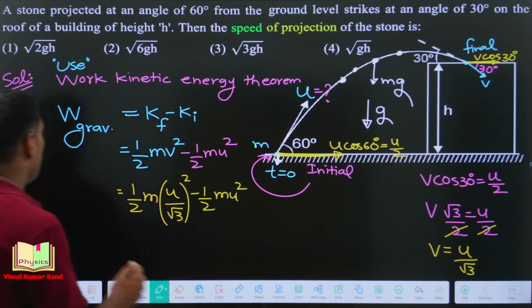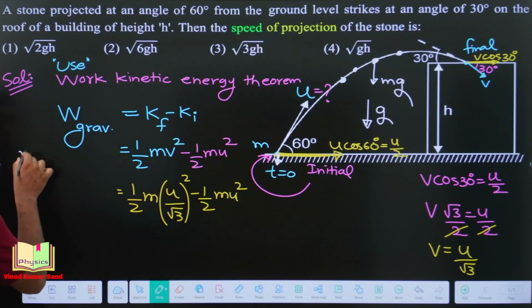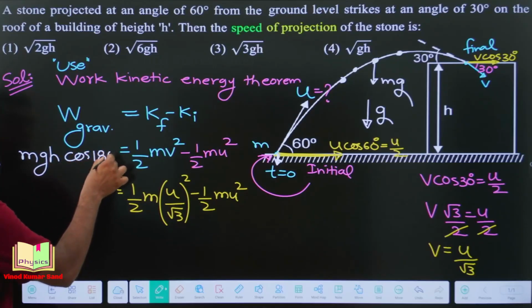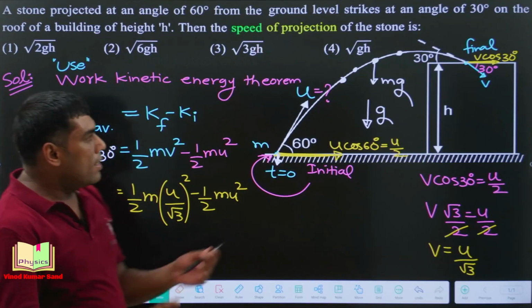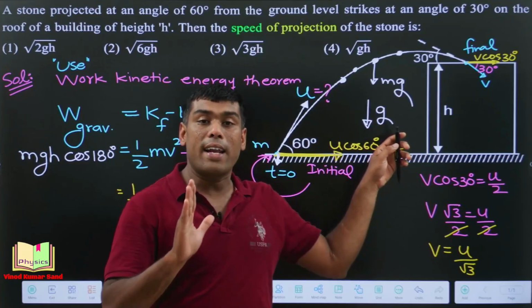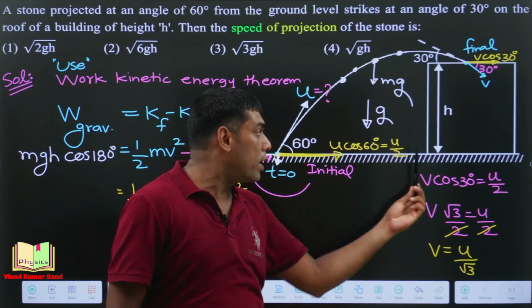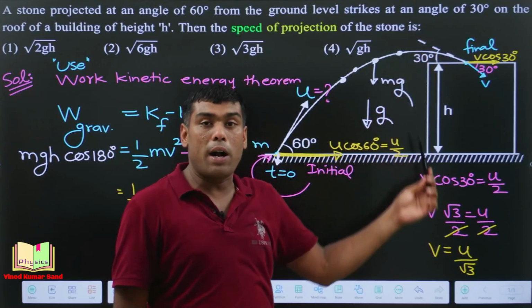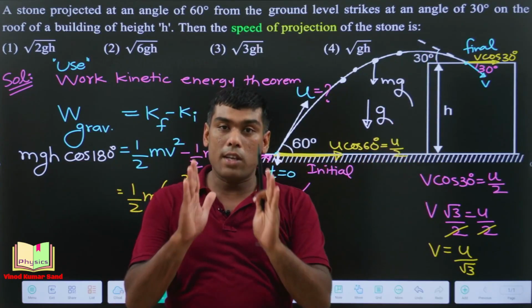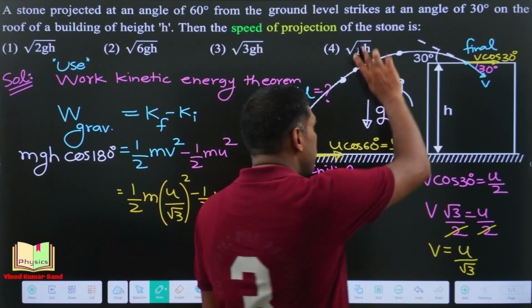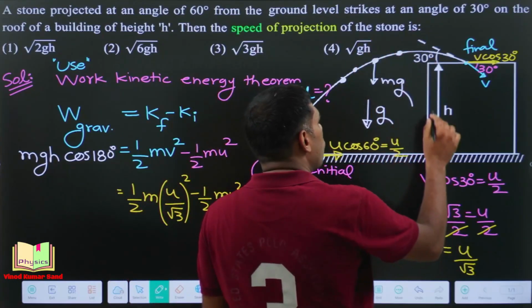It means the work done by gravitational force will be written as mgh cos 180 degrees. Force and displacement in vertical direction are anti-parallel. mg is vertically downward. The displacement of this particle in y direction is h, vertically upward. So angle between this mg and this h will be 180 degrees.